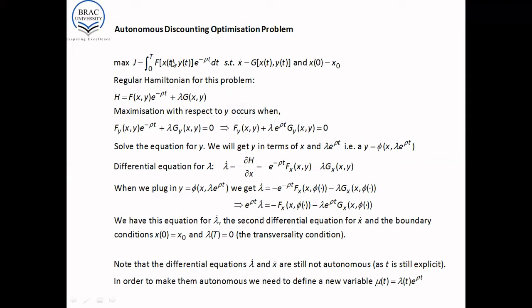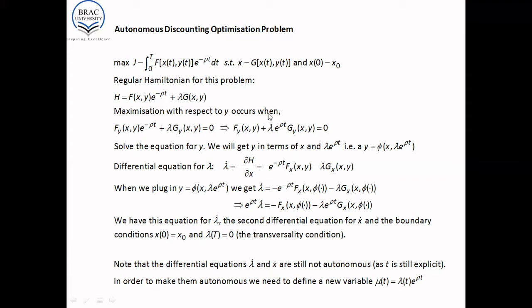So t enters this expression in an explicit fashion. Subject to x dot is equal to g of x, y, and x of 0 is equal to x naught. So the regular Hamiltonian for this problem is just H is equal to capital F of x, y times e to the power negative rho t plus lambda g of x, y.